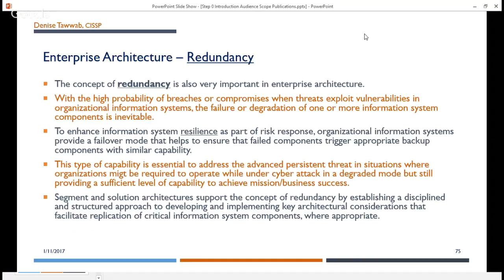Segment and solution architectures support the concept of redundancy by establishing a disciplined and structured approach to developing and implementing key architectural considerations that facilitate replication of critical information system components where that's appropriate.